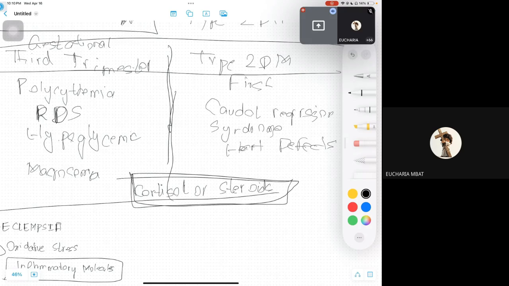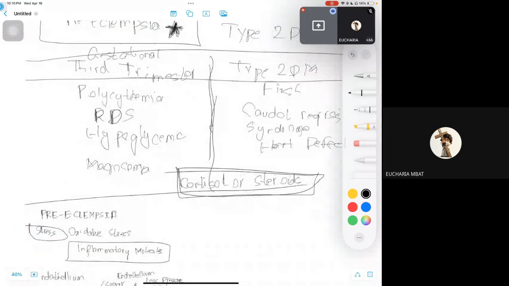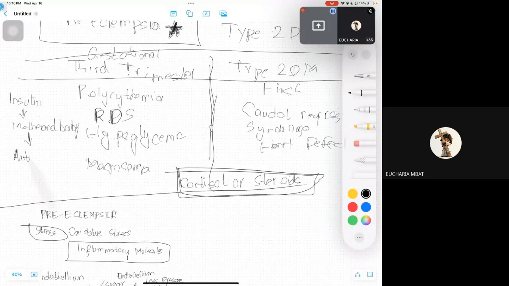So what happens in gestational diabetes mellitus is that insulin is produced in the mother and in the baby. And an important function of insulin is that it antagonizes the cortisol.